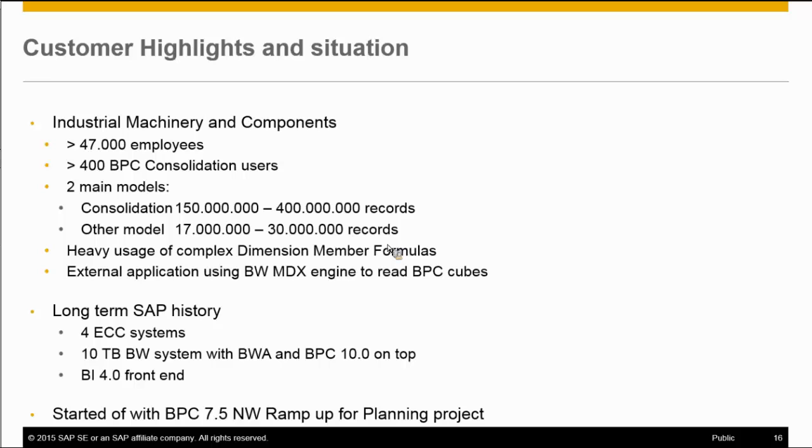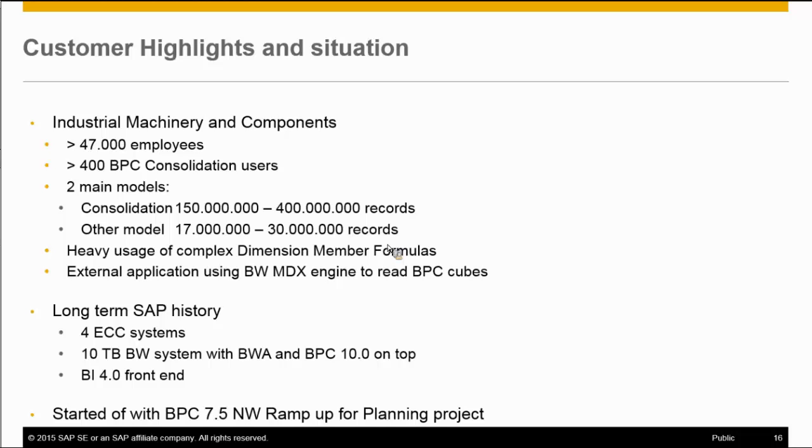They have two main models in the BPC environment. One is of course the consolidation cube, which started off during the proof of concept we did in September with about 150 million records in it, but currently we have crossed the 400 million records in this cube.